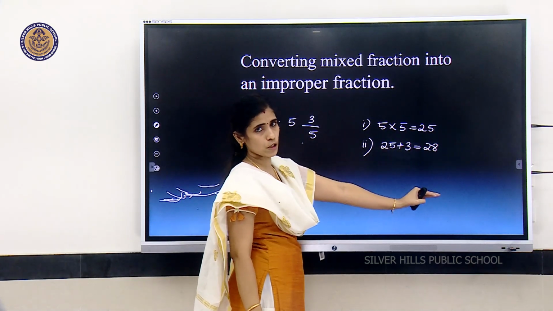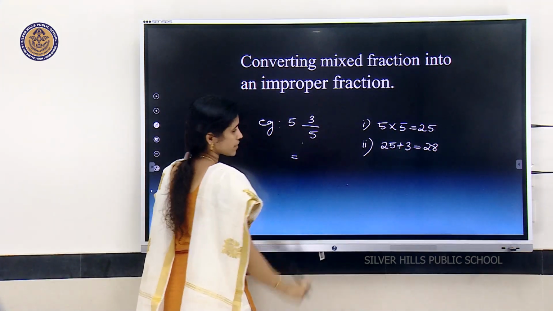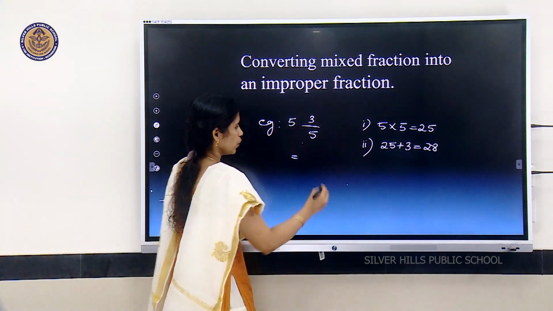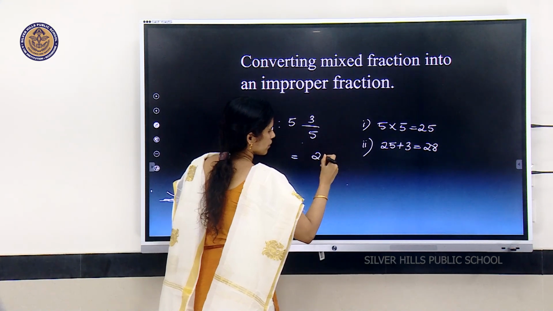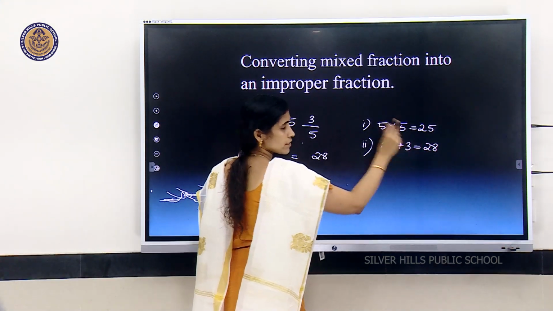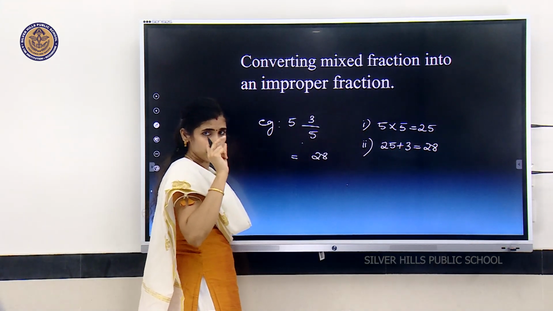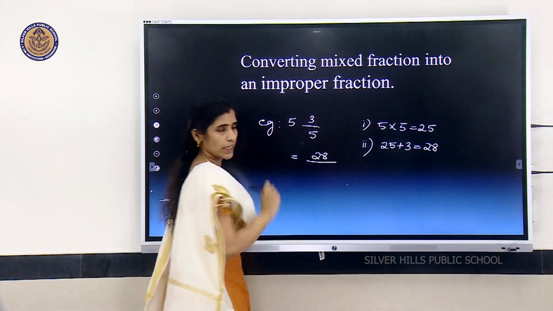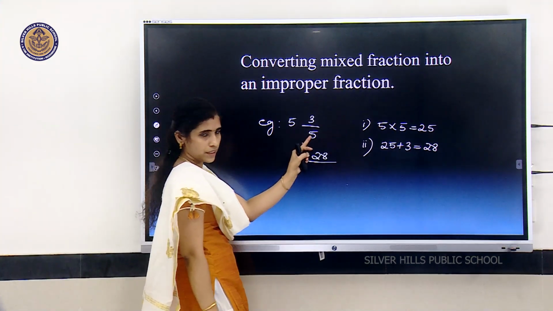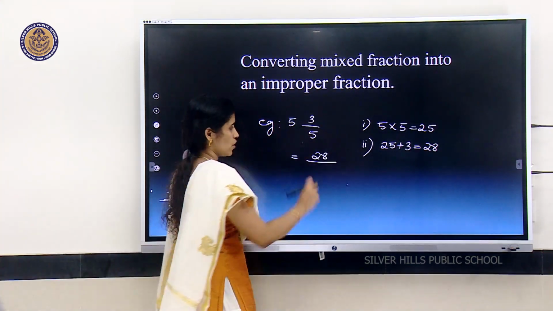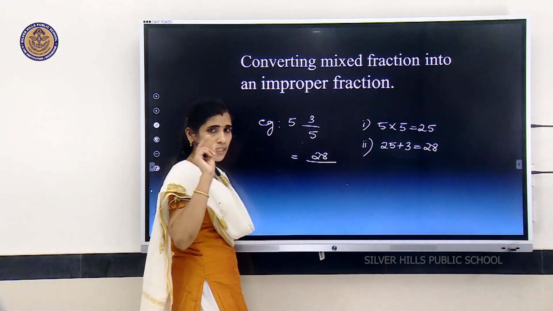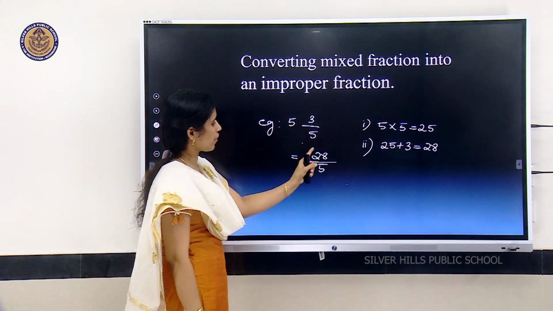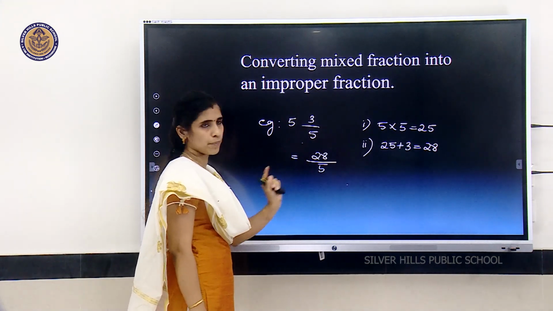And the third step, we write it in the form of an improper fraction. Write 28 as the numerator of the improper fraction and write the denominator as the same. What is the denominator here? The denominator is 5. So 5 3 by 5 is equal to 28 by 5.